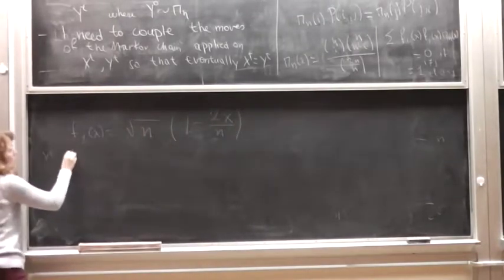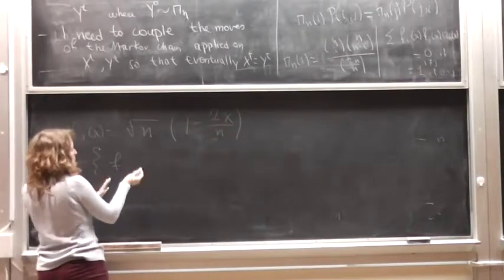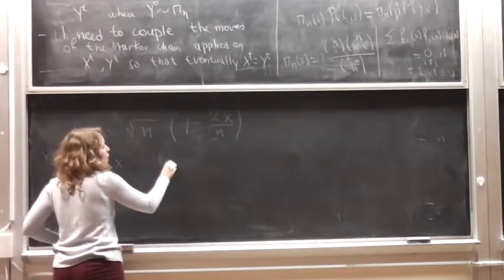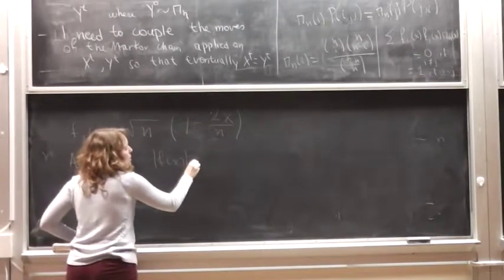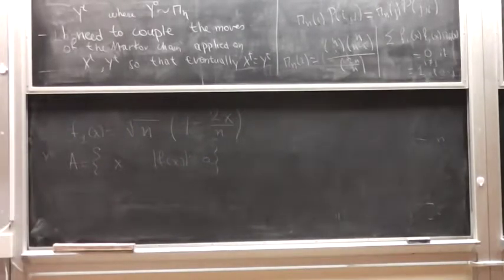And the bad set will be something like the values where f of x is bigger than some little a, which is defined later on in the paper.